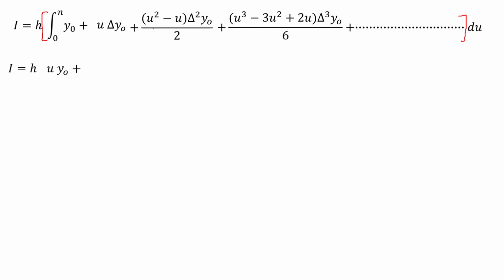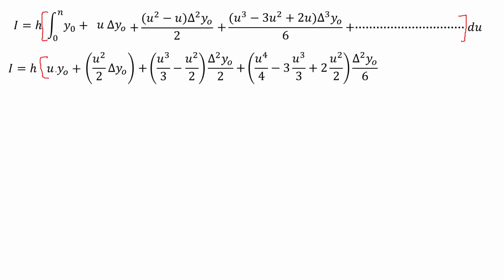Then we integrated with respect to u, and by integration I explained in detail from 0 to n. If we go with the derivation of trapezoid, you can start from here only. You need not go to the Newton-Cotes method.